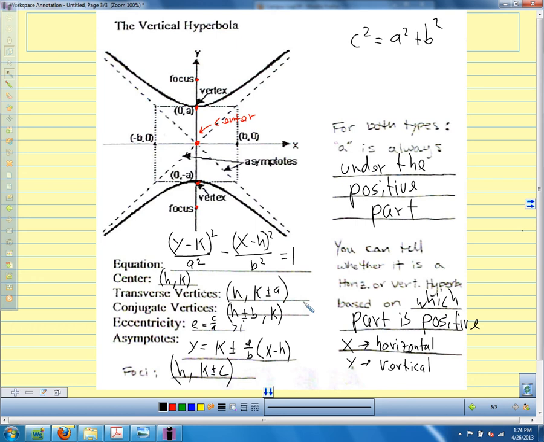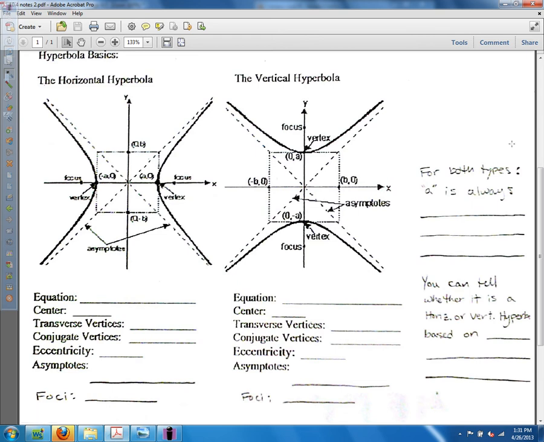All right, so let's finish the bottom of that front page. It says distances. So let me grab that part.